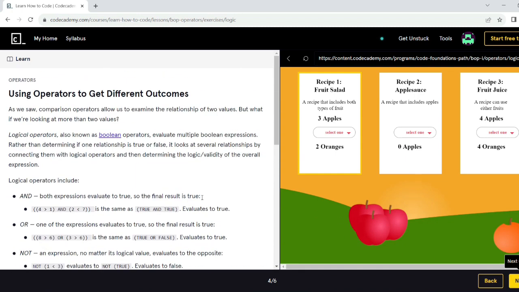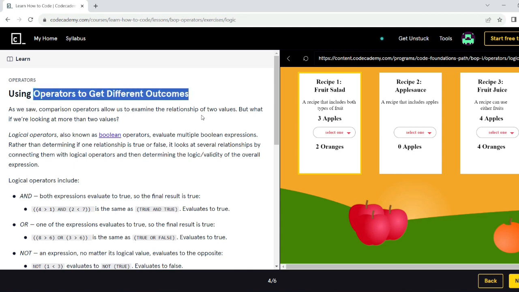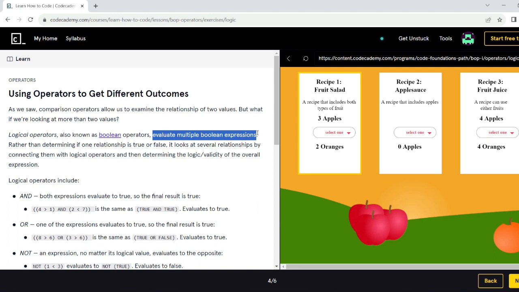So here we're discussing how to use operators to get different outcomes. These are essentially more advanced Boolean operators, meaning we can evaluate multiple Boolean expressions simultaneously.